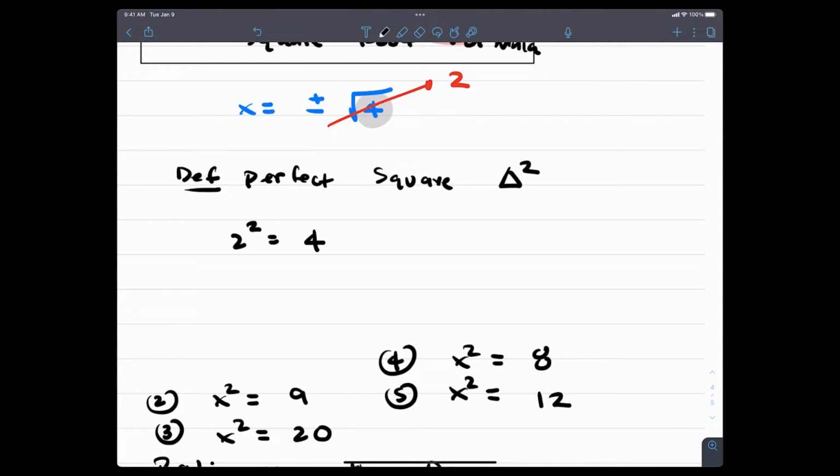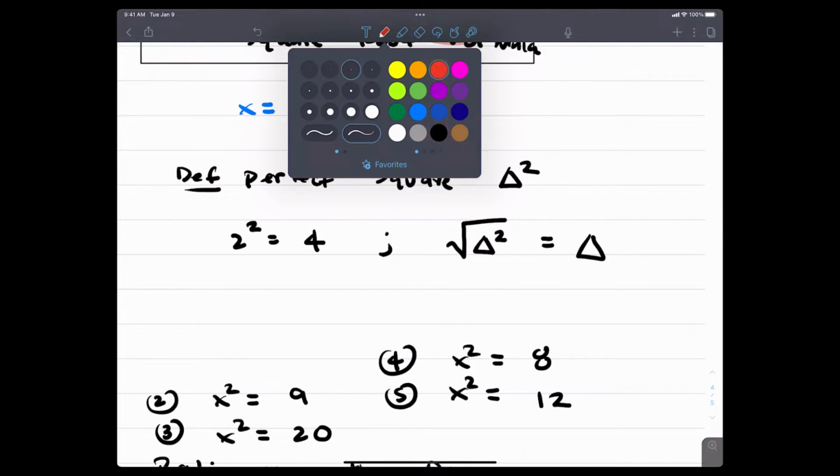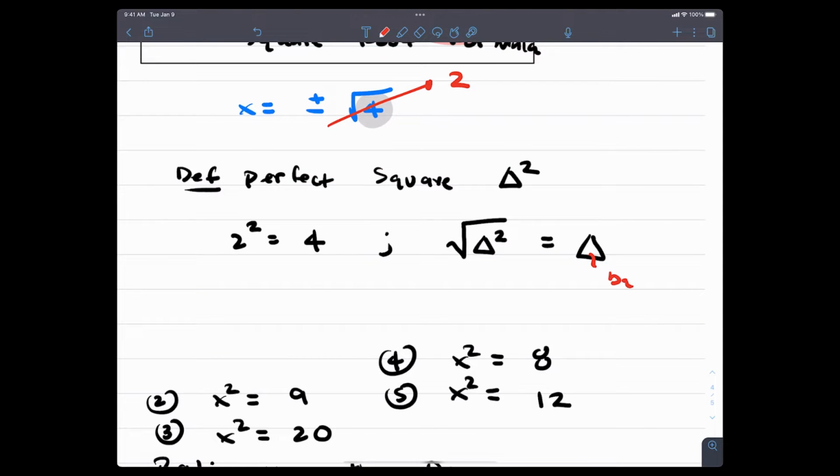Now, what's the relationship? When you take the square root of 4, this is what I teach in intermediate algebra. I say to students, if you have to take the square root, you want it to be the square root of a perfect square, because the answer here is the base. So you're going backwards. The square root of 4 was really 2 squared.